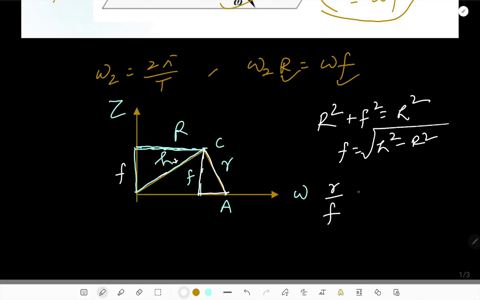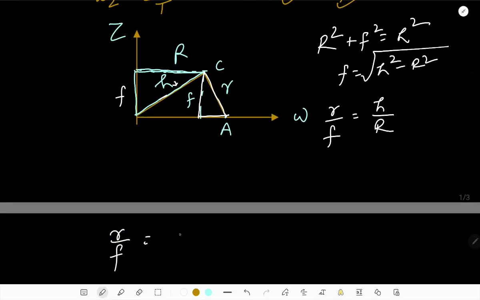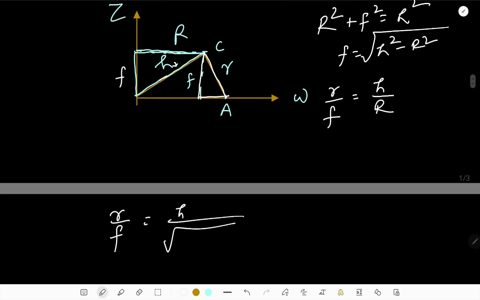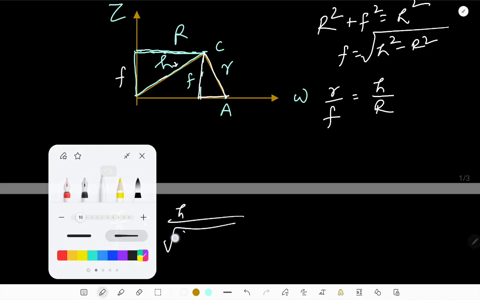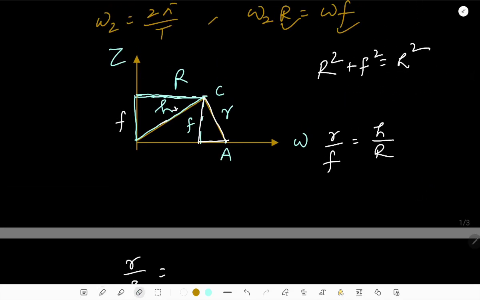I can write R upon F is equal to H upon capital R. I should have found R rather than H here.